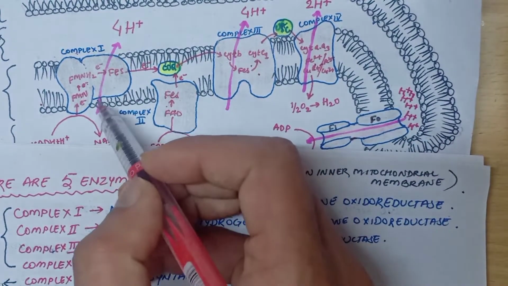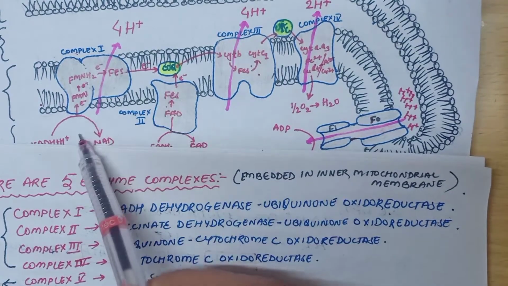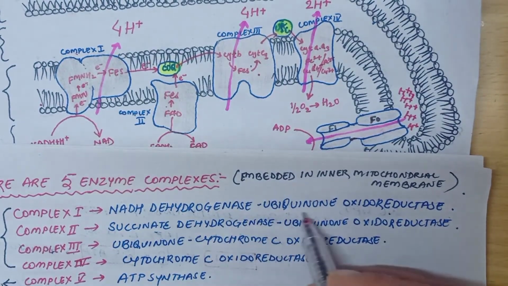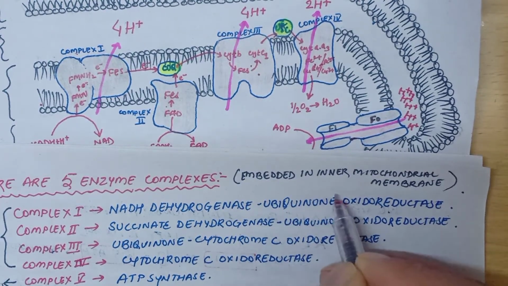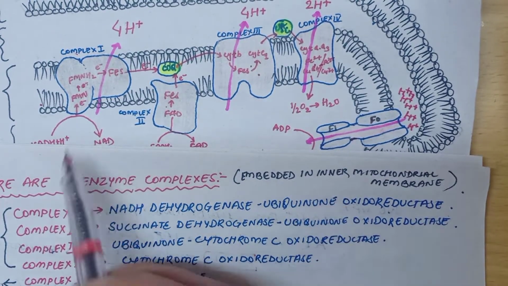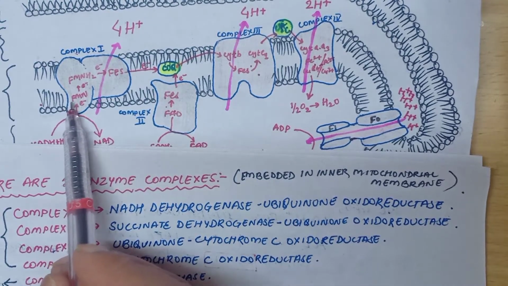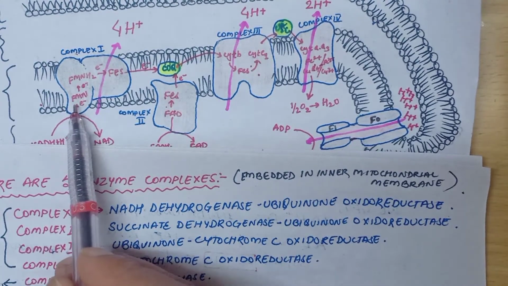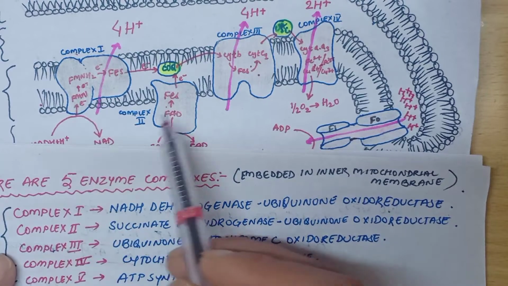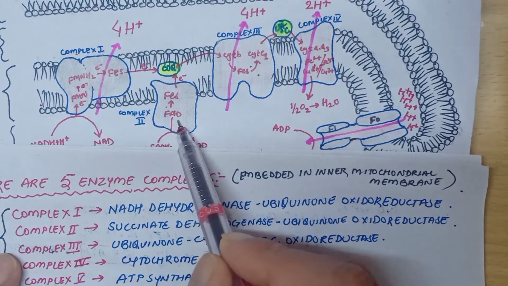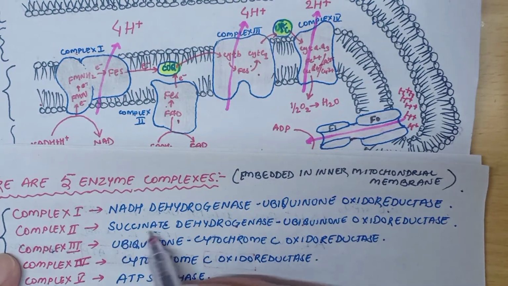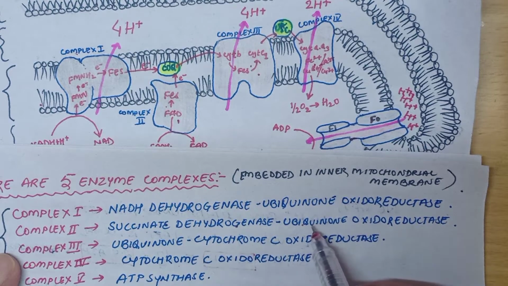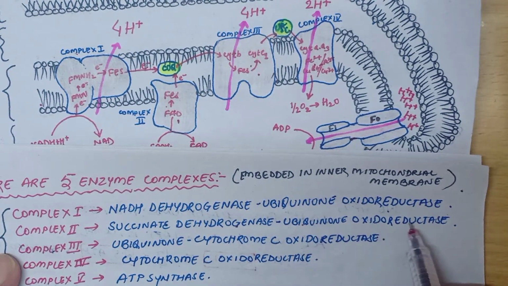Complex 1 is also known as NADH dehydrogenase ubiquinone oxidoreductase. Ubiquinone is also known as coenzyme Q. Complex 2 is known as succinate dehydrogenase ubiquinone oxidoreductase, or it is also known as succinate dehydrogenase coenzyme Q oxidoreductase.